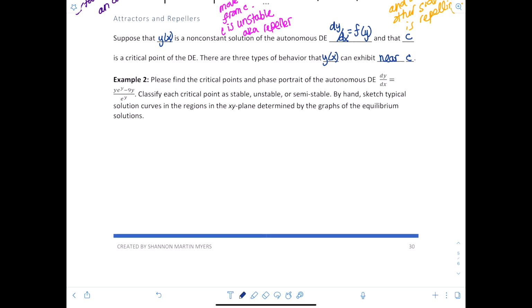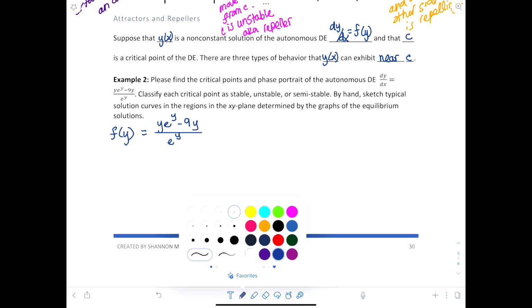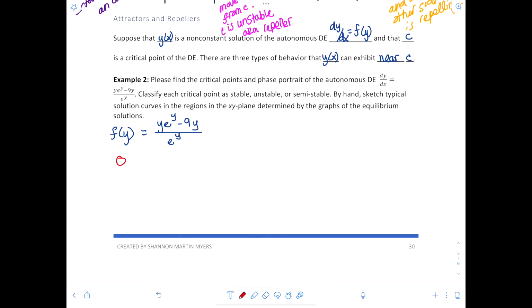We have f of y, right? And f of y is equal to (y e^y minus 9y) over e^y. Groovy? Now we want to find the zeros of this.